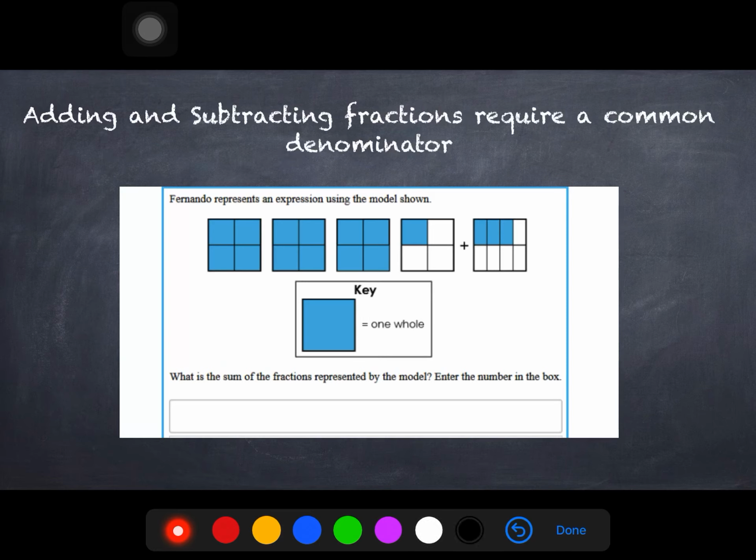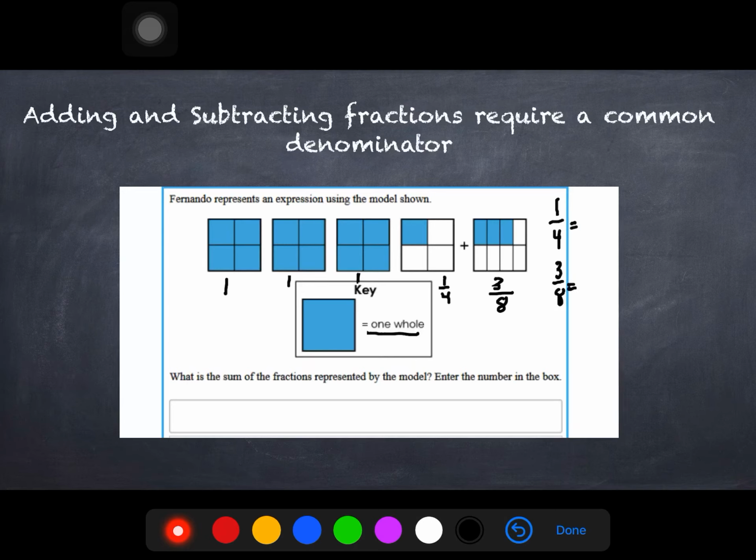Adding and subtraction of fractions requires a common denominator. When you're working a problem like this, it's just a visual model. So if I asked you to add this, it'd be 1 plus 1 plus 1 plus 1/4 plus 3/8, because this told me this was one whole. Well, the whole numbers are easy to add. Let's do our fractions first. 1/4 plus 3/8 requires a common denominator.